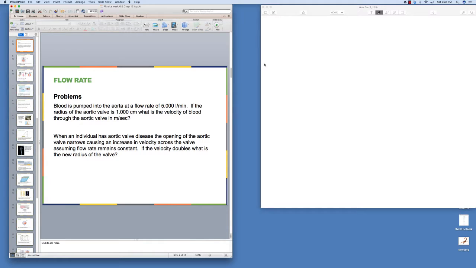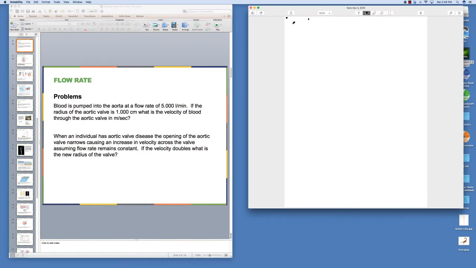First of all, Q, flow rate, is equal to 5.000 liters per minute. Now we have to change that, and 1 liter is equal to 0.001 meters cubed.